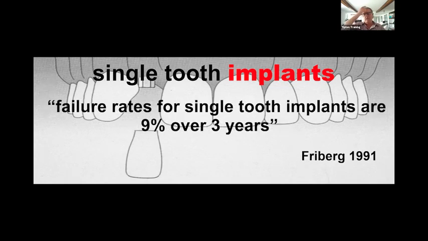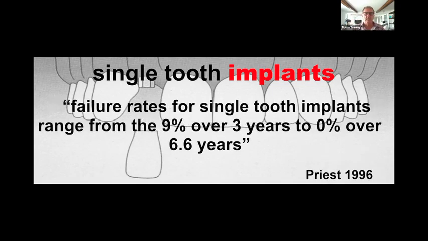What else do we know? We know from Freeburg that failure rates 10% over 3 years. We know that failure rates for single tooth range dramatically, 9% over 3 years, 0% over 6 years. Okay, so again, we will see an awful lot of operator variability, and therefore it means if you want to do this work, you have to get good at it.